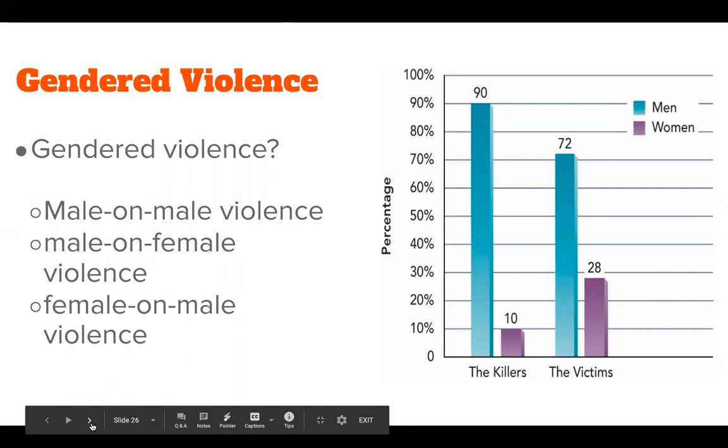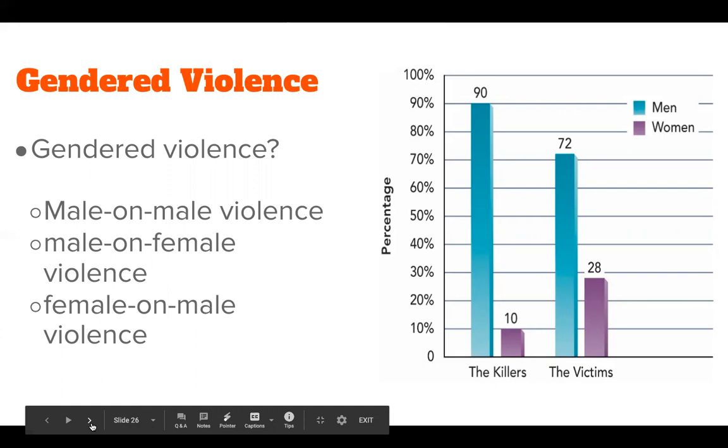But then the next most common type of violent crime is male on female, and it is significantly higher than the converse, which is female on male.